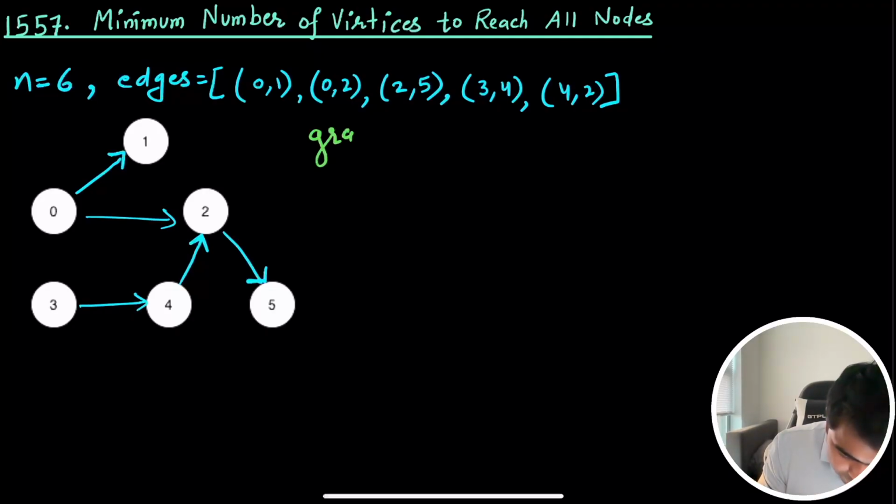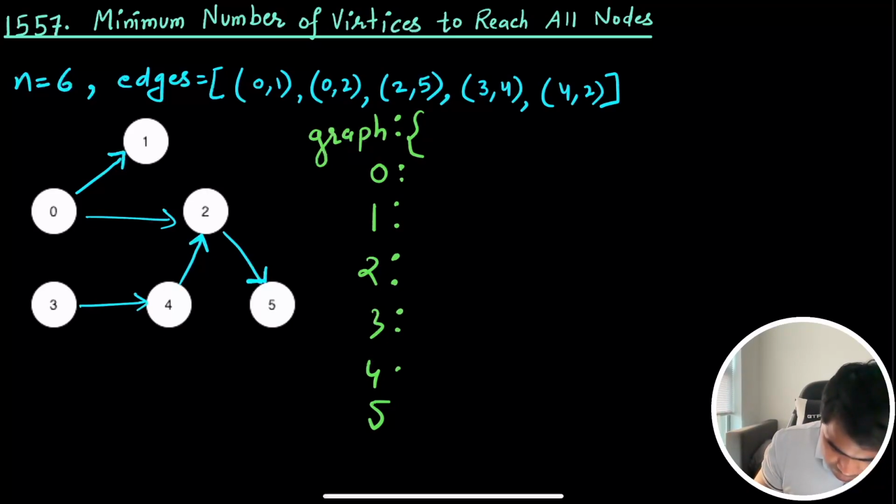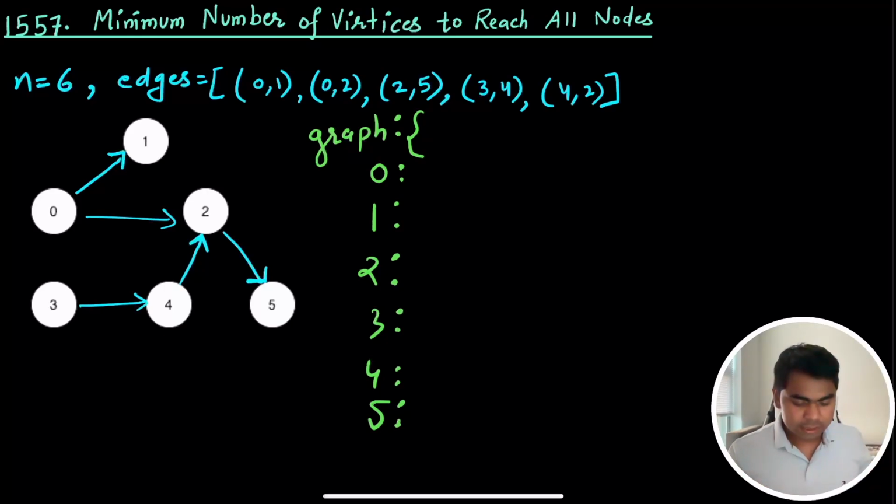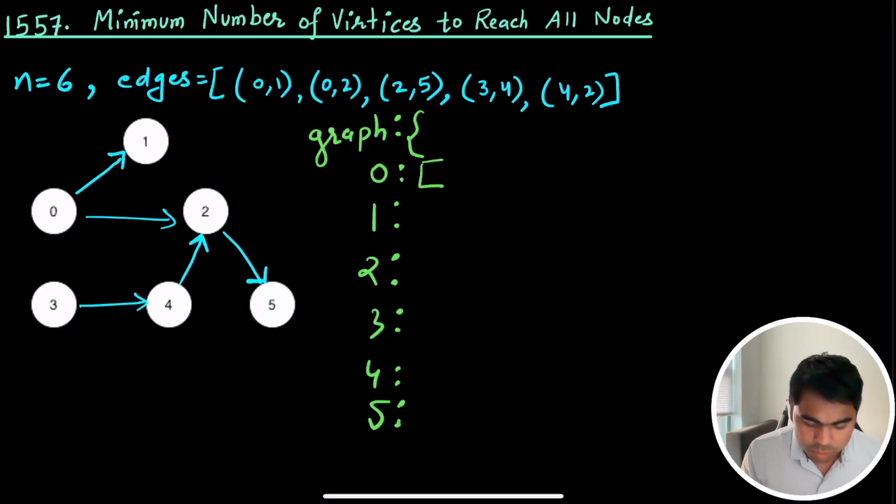We'll call it graph, and this will have all the nodes 0, 1, 2, 3, 4, and 5 as keys, and next to them we will be appending all the incoming edges that are coming from other nodes. So let's say 0, what is the incoming edge coming to 0? Well, there is none.